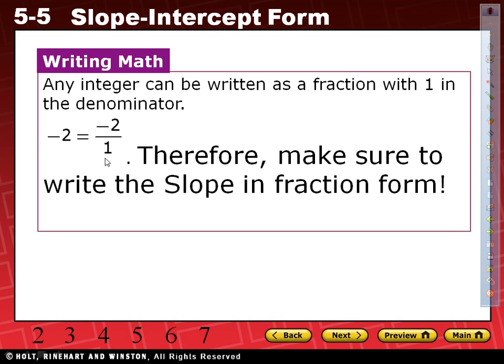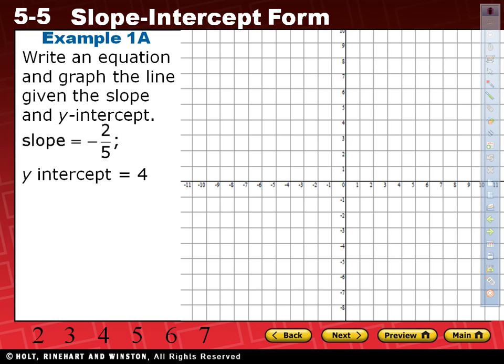Example 1A. Copy this, please, at the top left. You should have the blank space at the top only of your paper. Look at the coordinate plane. So here we go. Write the first problem. It says, write an equation and graph the line given the slope and y-intercept.